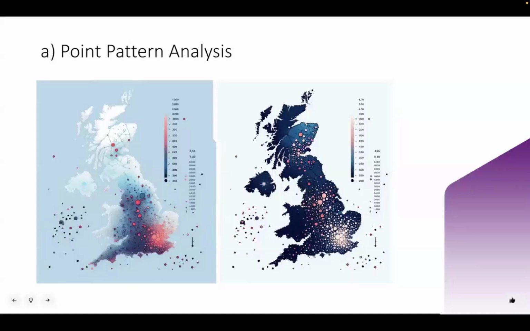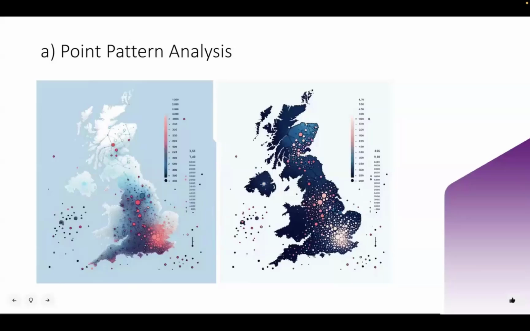And the left map shows individual crime rates, for example. And typically, when using point pattern analysis, one of the main limitations is that the maps can become very overwhelming very quickly due to the large amount of data, especially when working with crime data from multiple years.